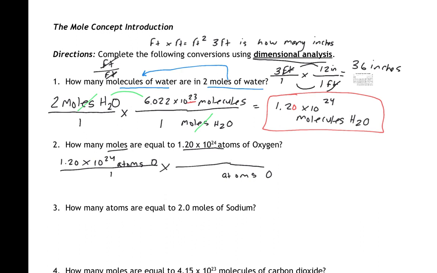And then there's 6.022 times 10 to the 23rd, which is our Avogadro's number. And that's equal to 1 mole of oxygen.